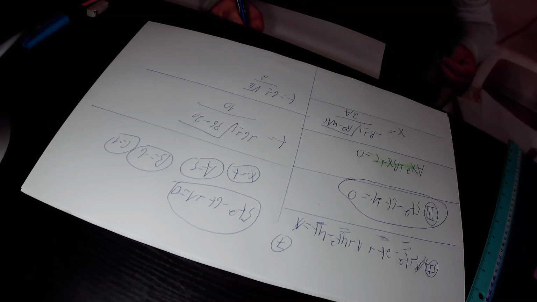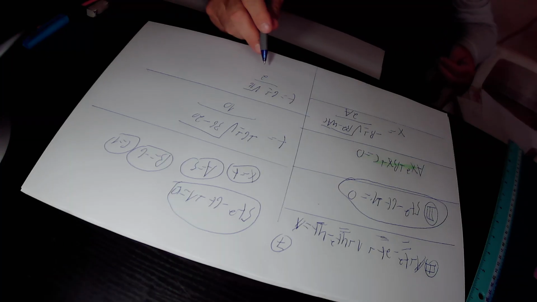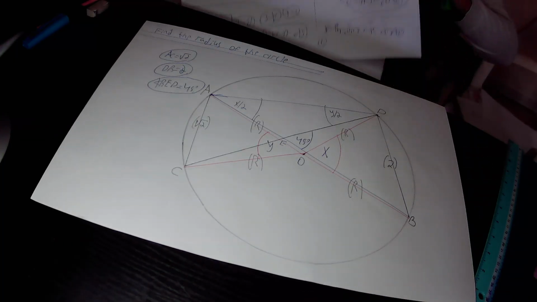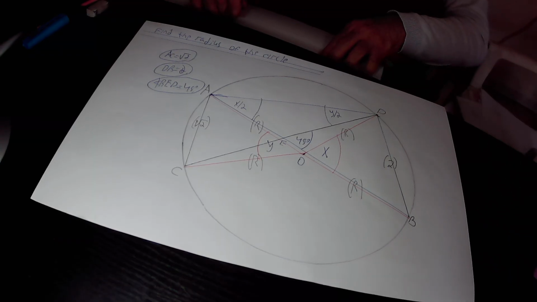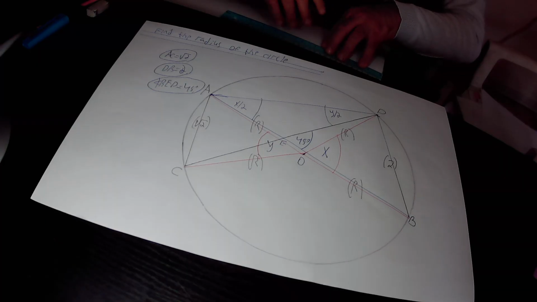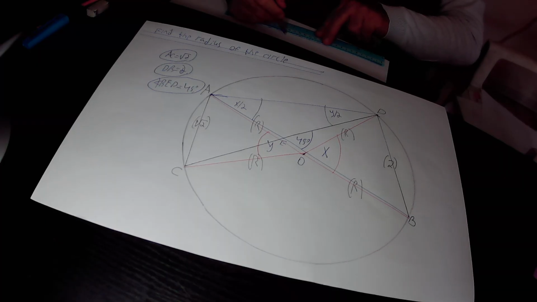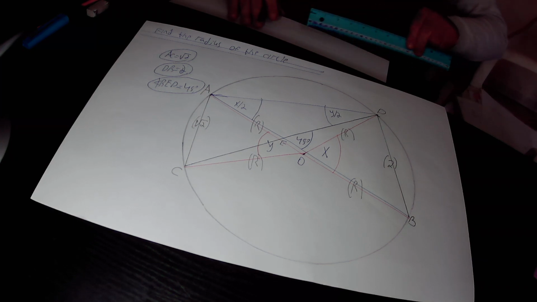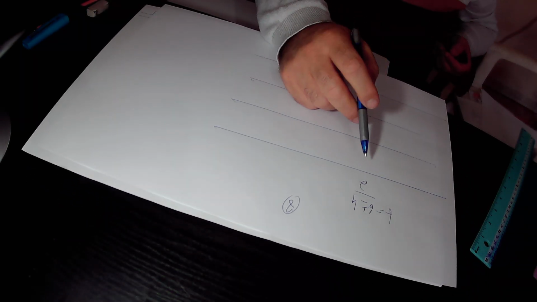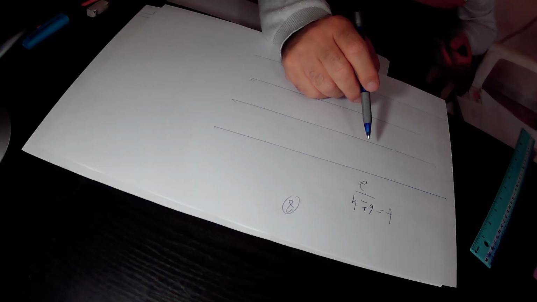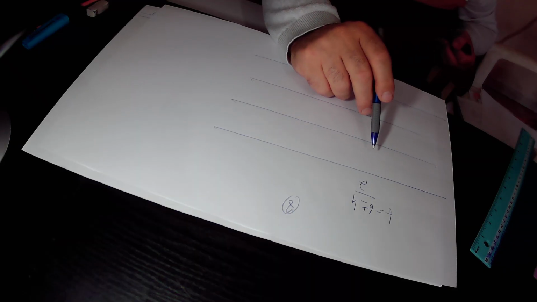So t equals to 6 plus minus 4 over 2. So here we have two solutions that are possible for t.